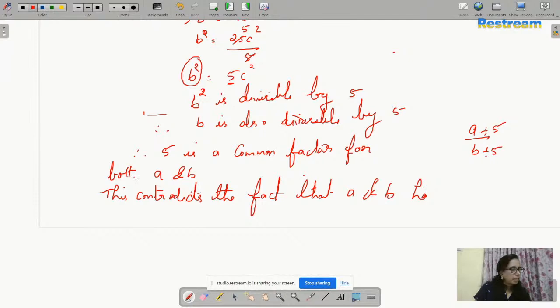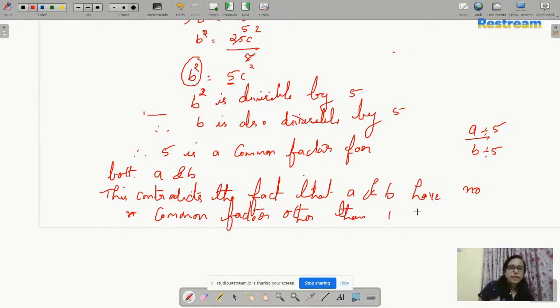A and b have no common factor other than 1.